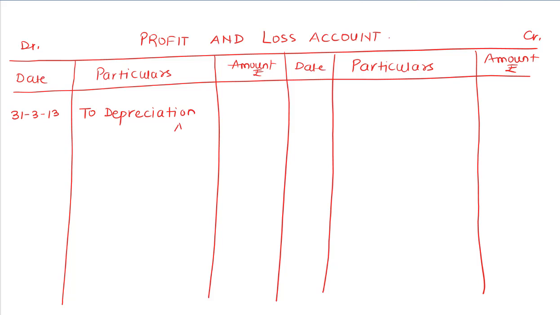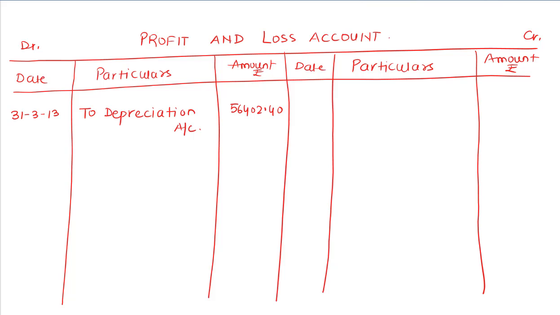To depreciation account 56,402.40. This amount of depreciation would be the same for all 4 years, 2013, 14, 15, 16.